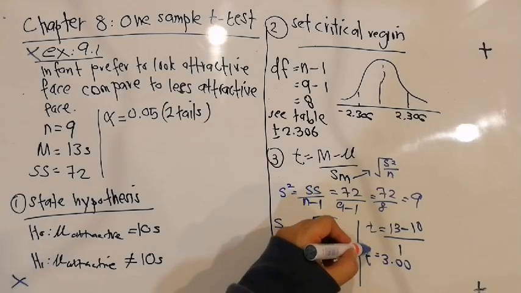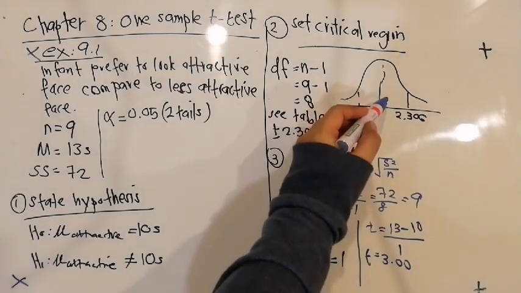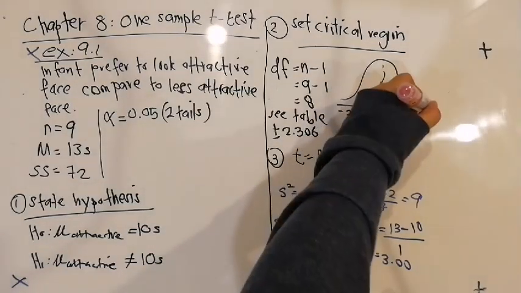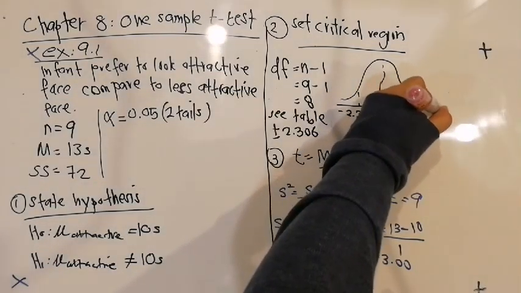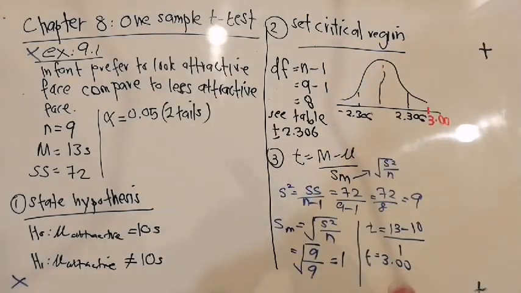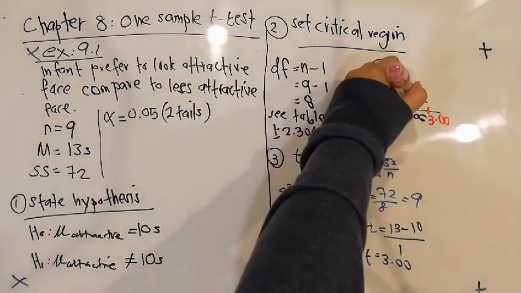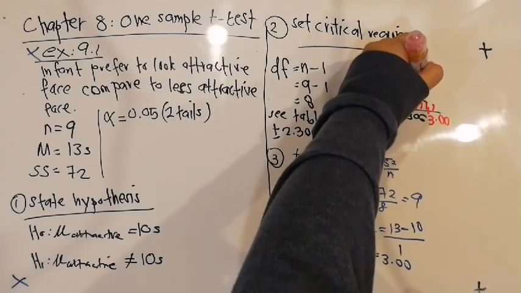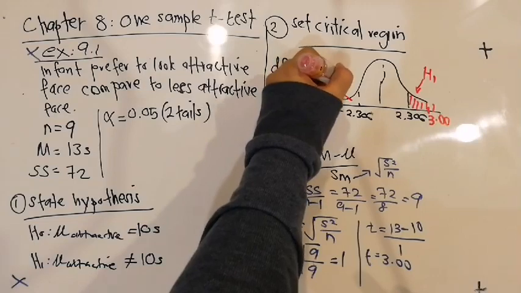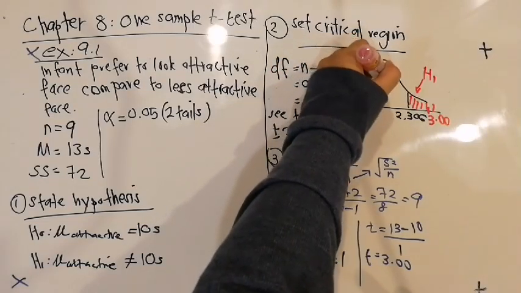So this t you should compare with the critical region. Where is the location of t? Location of t equals 3, so it would be here, right? 3.00, which is in the critical region. Remember, this one is H1, this one also H1, and in the middle is H0.